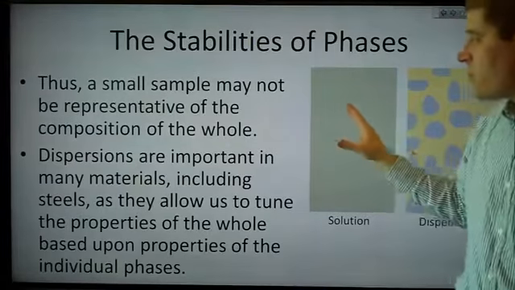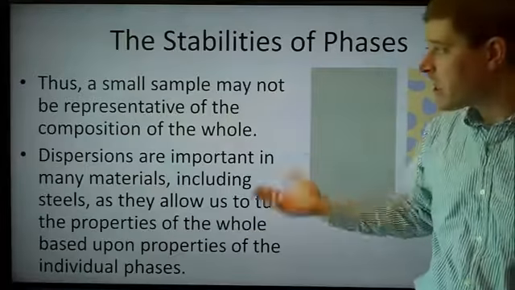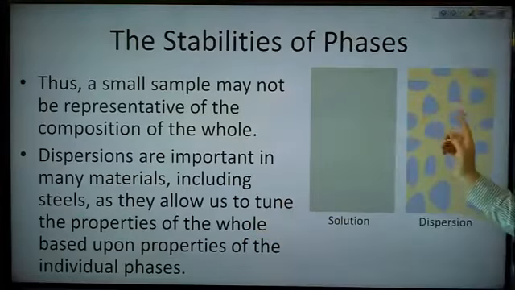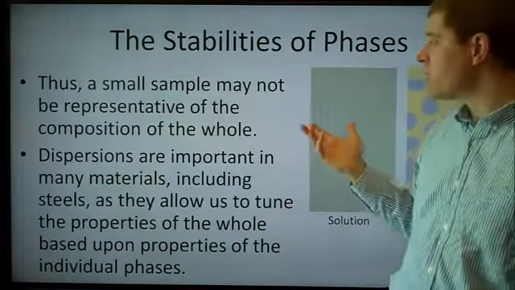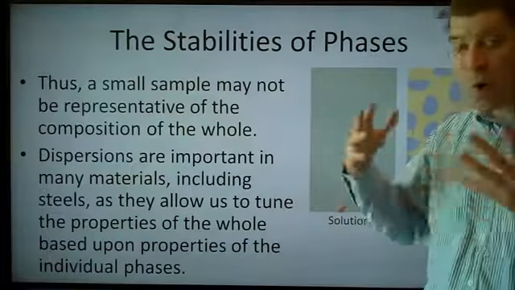So, if we look at a dispersion, a small sample from one of the two phases, or mostly from one of the two phases, might not be truly representative of the composition of the whole thing.